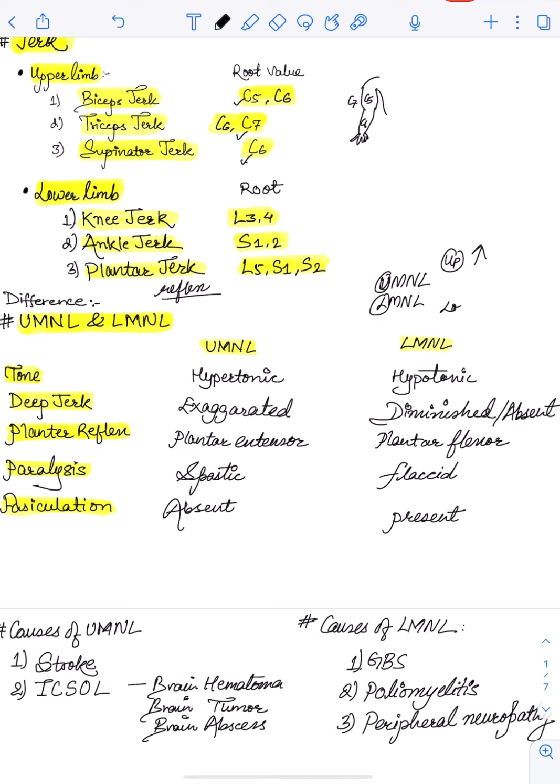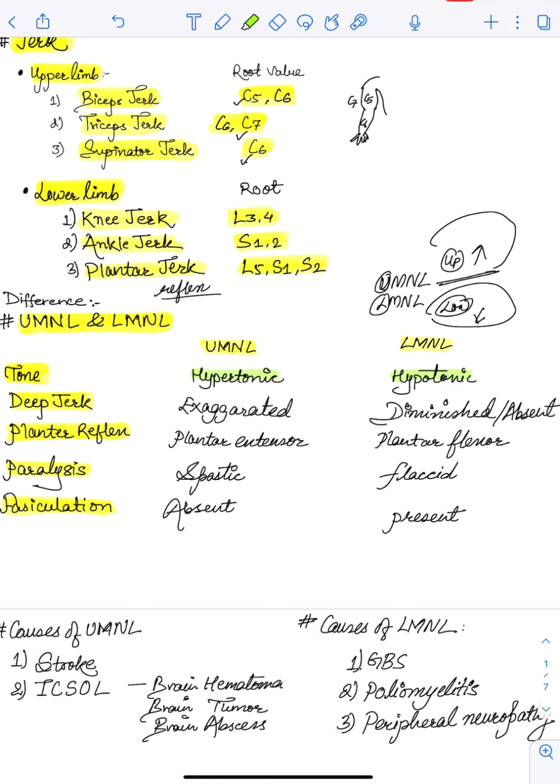Lower means low. So everything increases here as it is upper, and everything decreases here as it is lower. It's just for remembering. Now we can say that tone is hypertonic in upper motor neuron lesions, and hypotonic in lower motor neuron lesions.